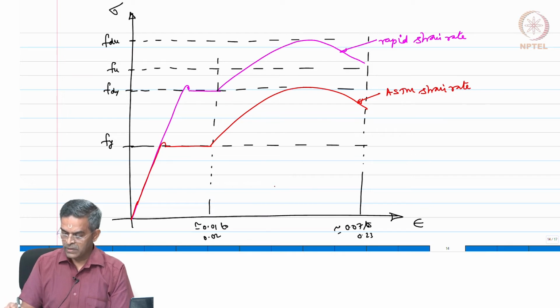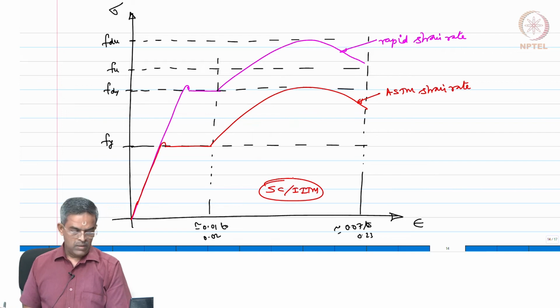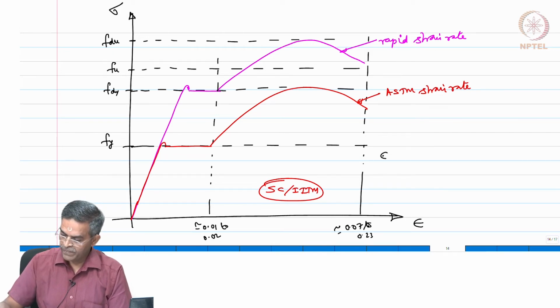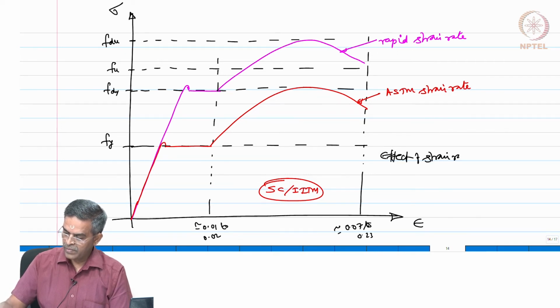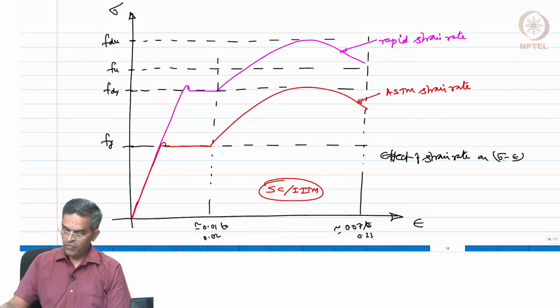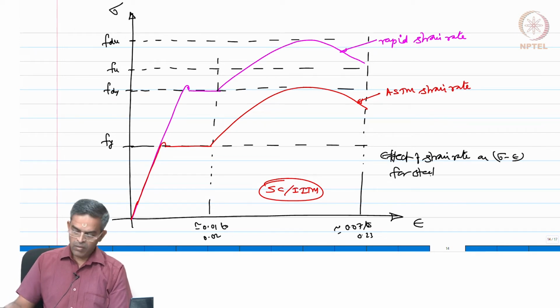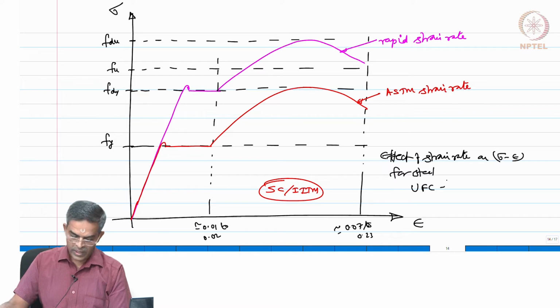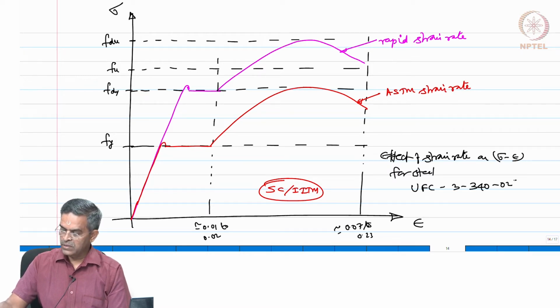Okay. This is the curve which is effect of strain rate on stress strain curve for steel according to UFC 340-02.